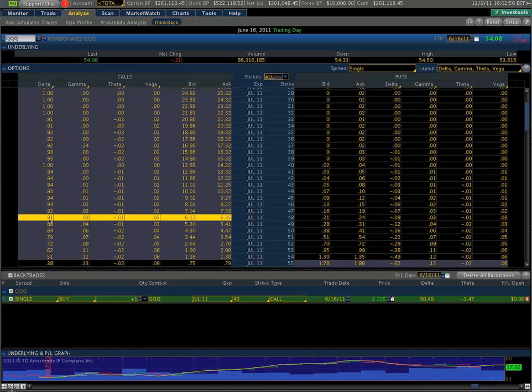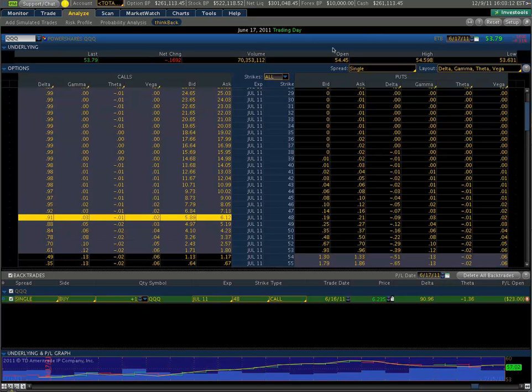So for every dollar that the Qs rise, we should gain 91 cents in profit. Let's advance the time 1 day at a time. Okay, on the 17th, the Qs were down just a little bit, 16 cents. So we lost $23 so far on our one option.